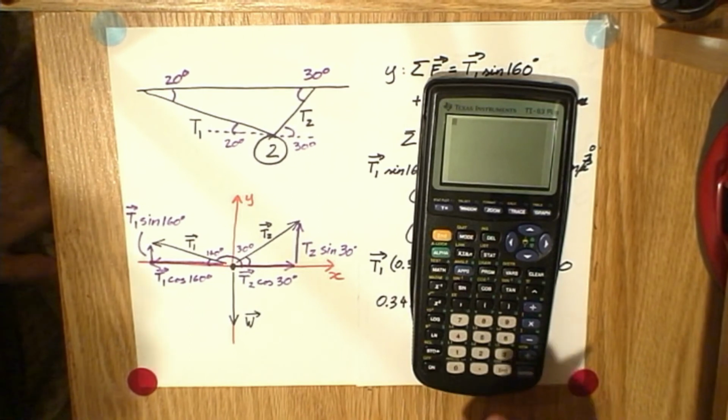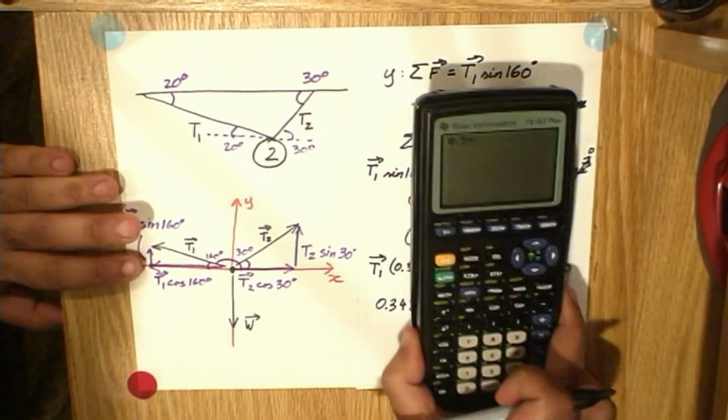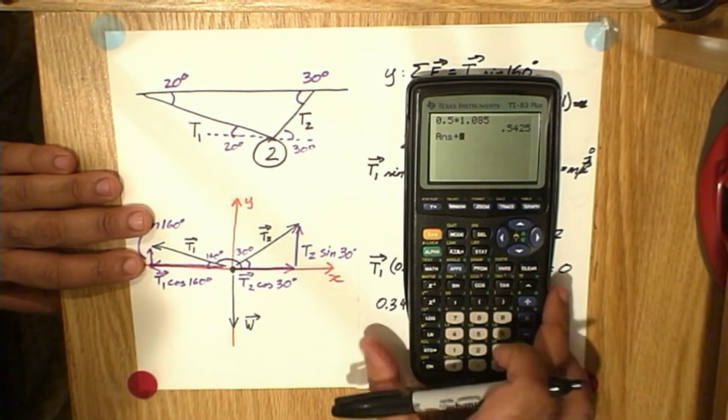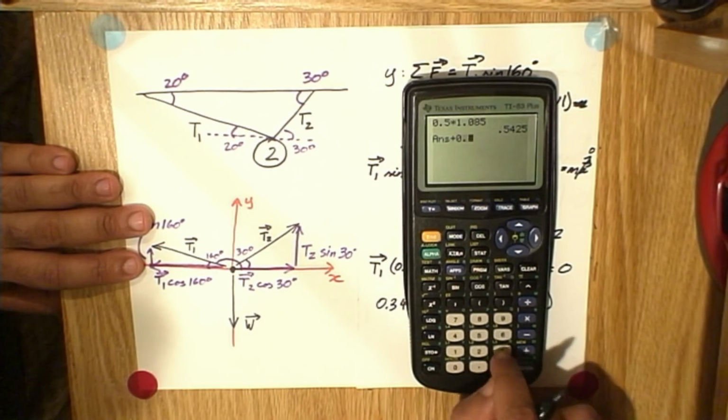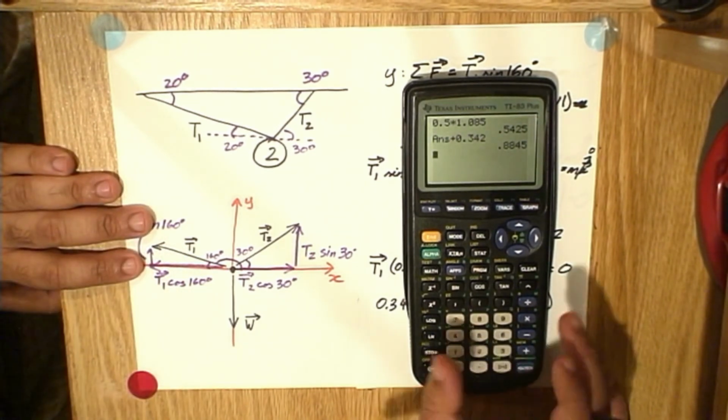So, 0.5 times 1.085 plus 0.342 gives us 0.8845.